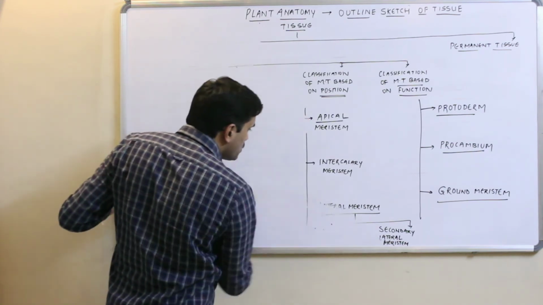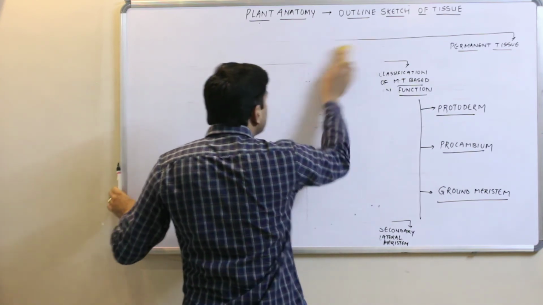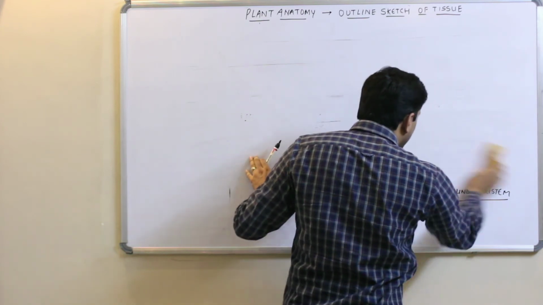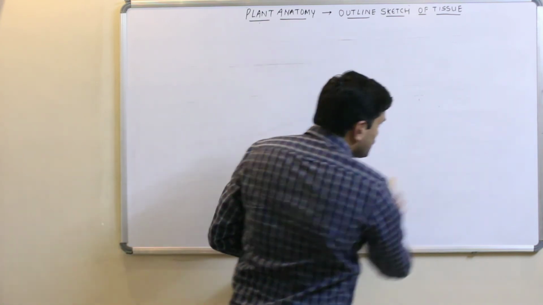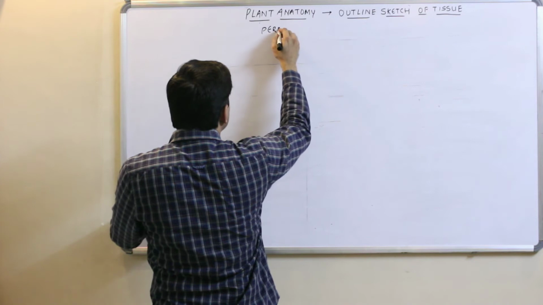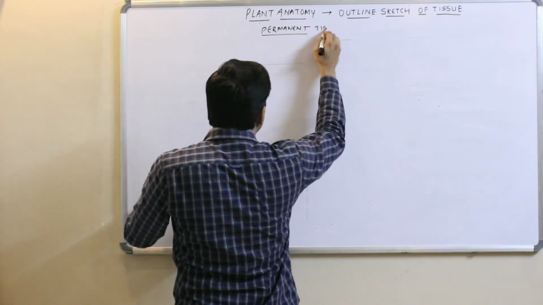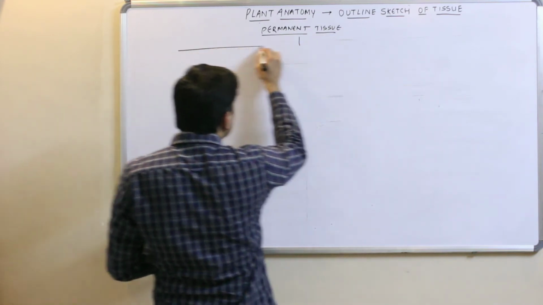Now permanent tissues are classified into basically two categories. Alright. So classification of permanent tissue. Here I am writing permanent tissue, and it is classified into how many categories? Two categories.